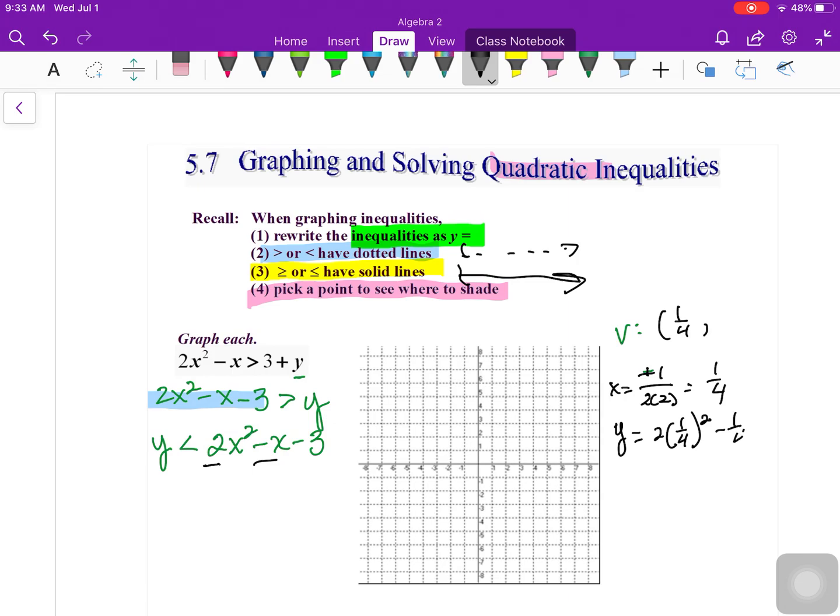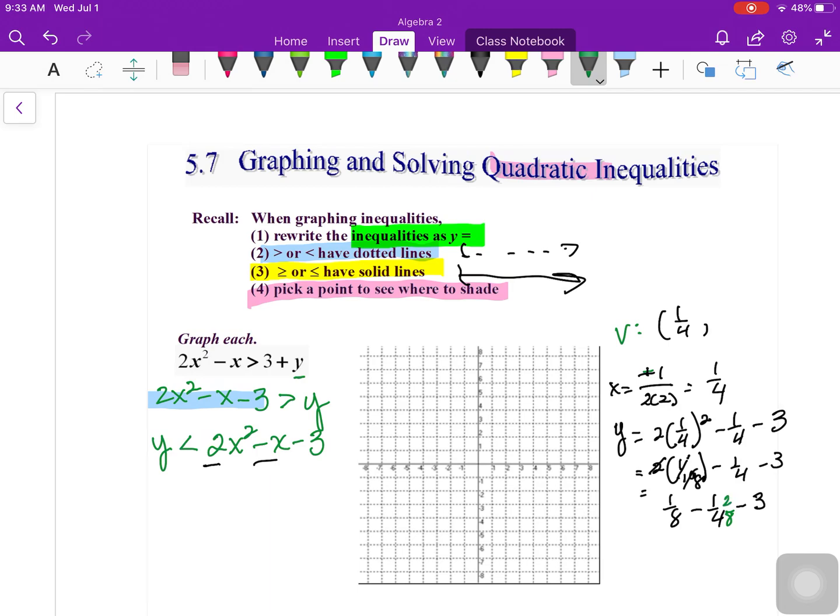Then when I substitute that in, I get 2 times 1/4 squared minus 1/4 minus 3. That is 2 times 1/16 minus 1/4 minus 3, which reduces to 1/8 minus 1/4 minus 3.